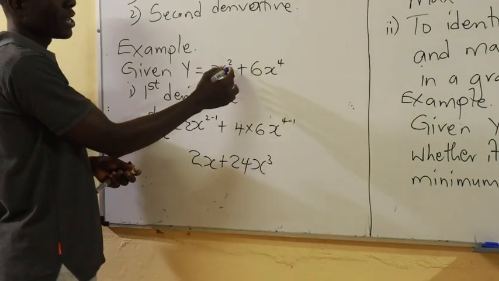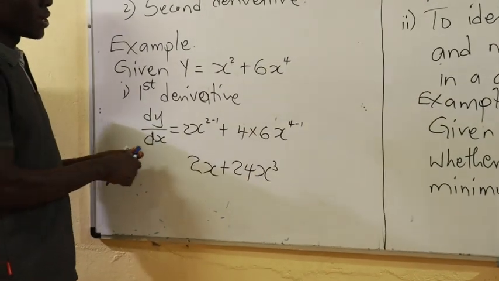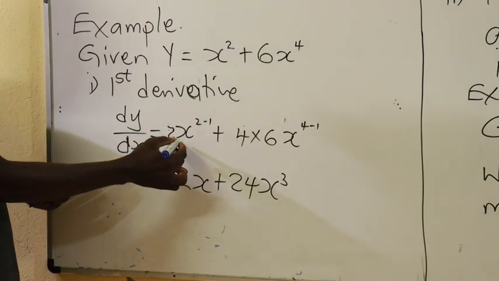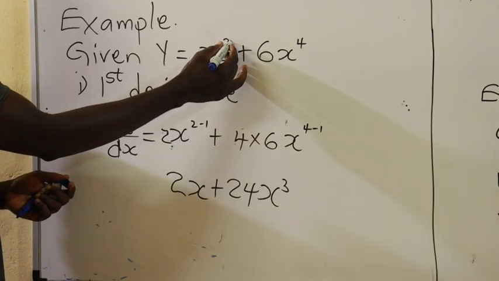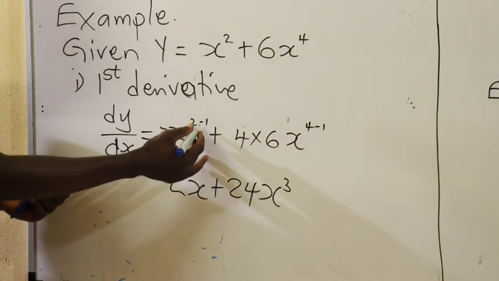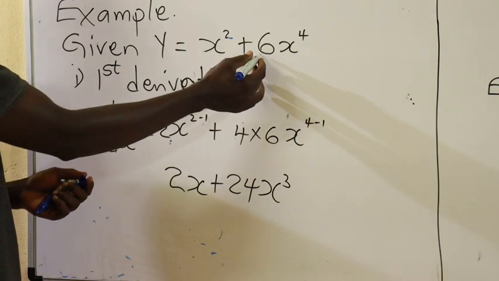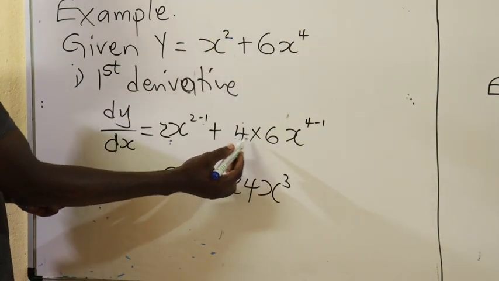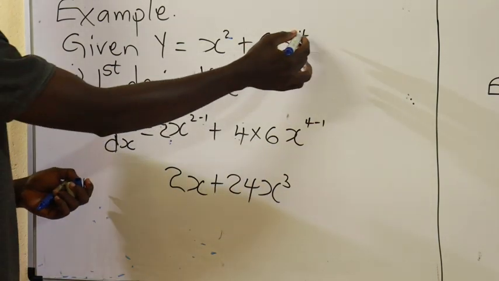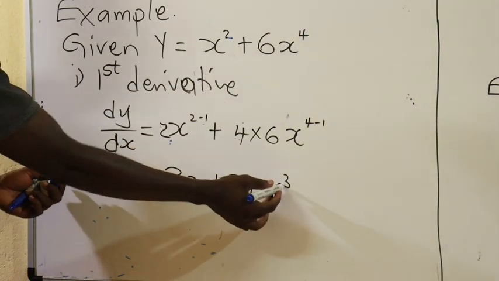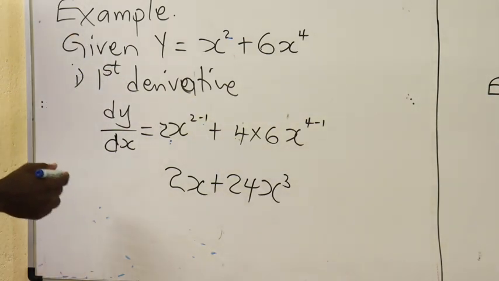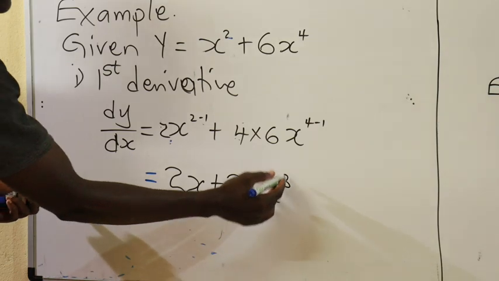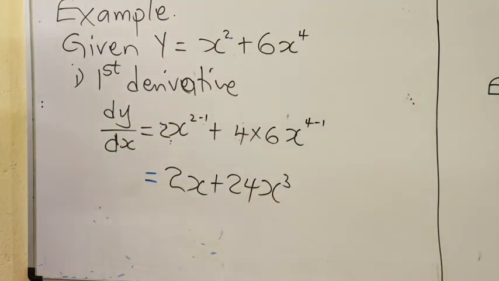So this is x raised to 2, and therefore we drop 2 so that it becomes 2x. And then we subtract 1 from this power 2 so that it becomes power 1. Then for the second part, we have 6x raised to 4. We drop 4 so that it becomes 4 times 6. Then we reduce the power 4 by 1 so that it becomes power 3. So our first derivative becomes 2x plus 24x raised to 3.